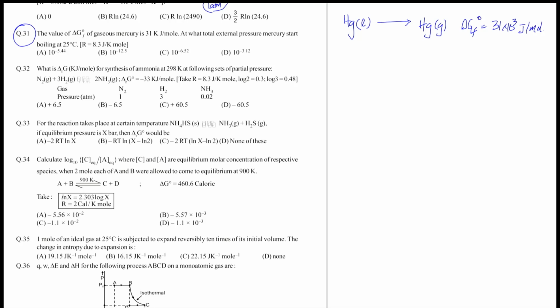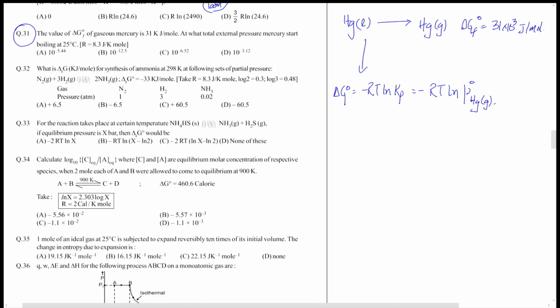For this we can write that delta G naught is minus RT ln Kp, where Kp is partial pressure of mercury vapors.